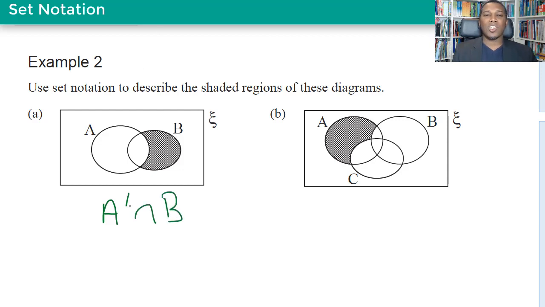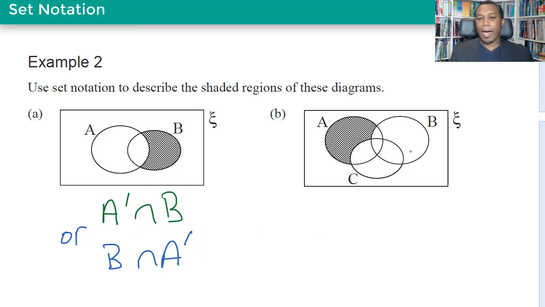And what I wanted to mention is that order does not matter. Order does not matter. So I could have written the answer here as B intersection A prime. So you can do either one.